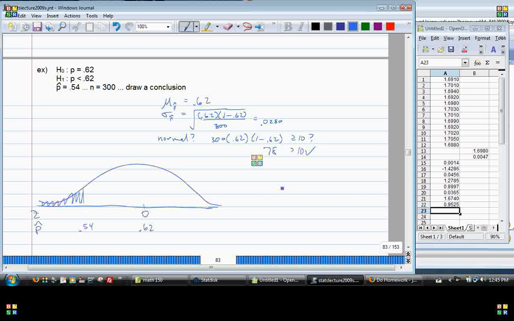So z equals what? 0.54 minus 0.62 divided by 0.0280. And that works out to negative 2.86 if you round it to two places.